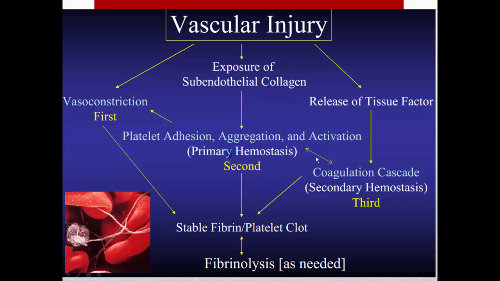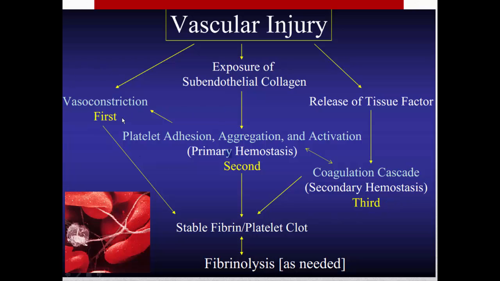It happens second. It can also trigger the coagulation cascade, and the release of tissue factors from the vascular injury itself can also lead to the coagulation cascade, or the coagulation process, the blood clot. This is also referred to as secondary hemostasis.